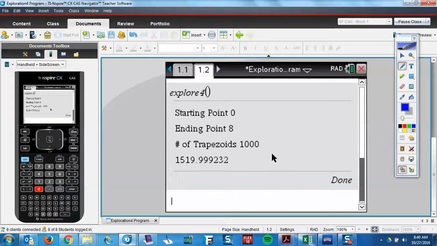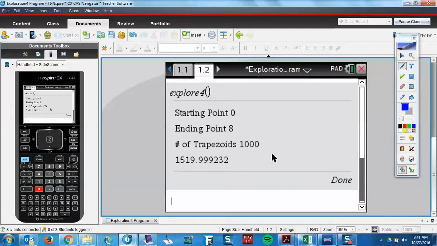Okay. Now, do you have an idea of how much area is actually under that? Do you have an idea of the exact area that's under there? What do you think the exact, because there is an exact area that's underneath that curve. What do you think it is?